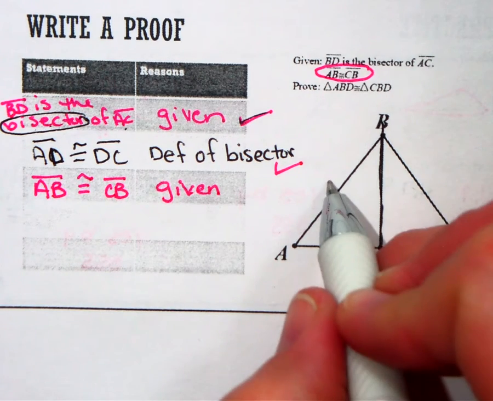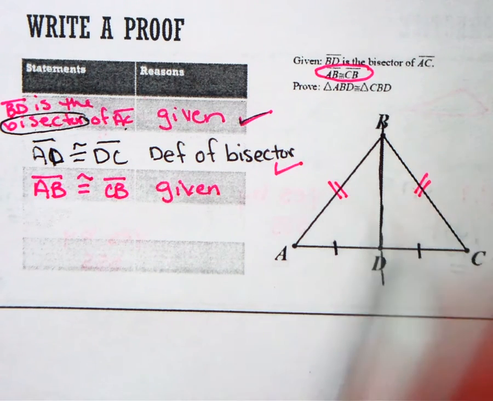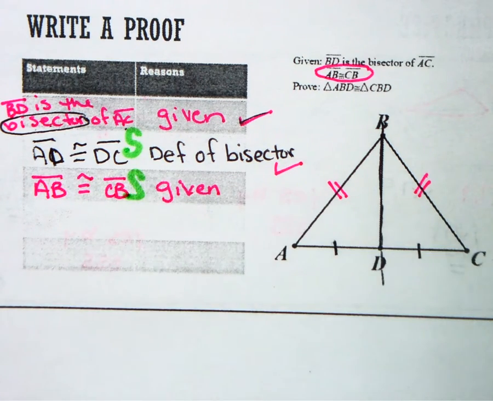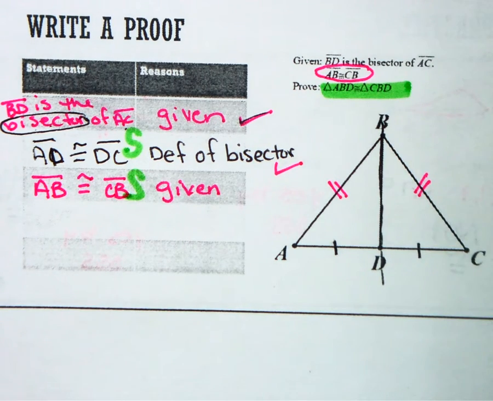I'll also make sure to mark that on the picture with 2 tick marks because 1 tick mark is already being used. Okay. So far, I have a set of sides. I need 3 of them to be able to prove the triangle is congruent, which is what I'm being asked to do.